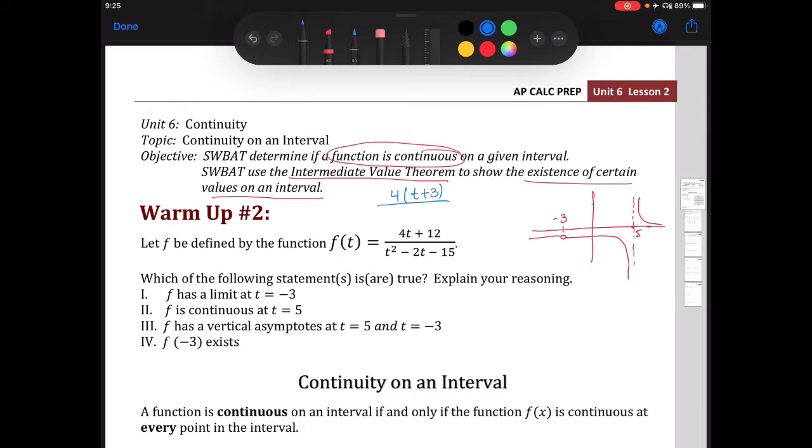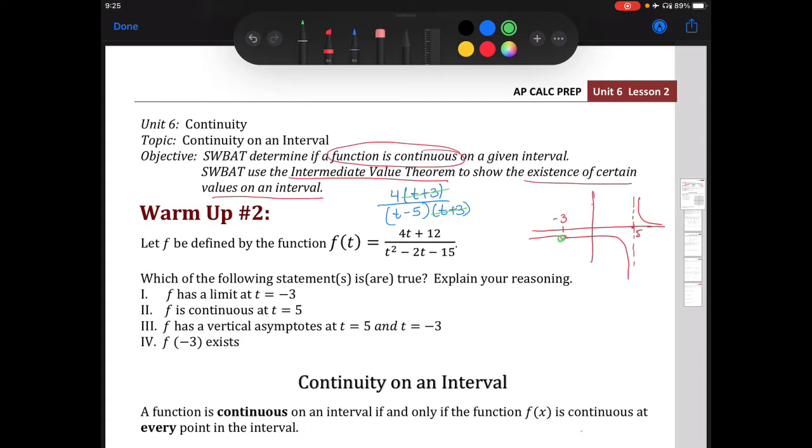In the denominator, I can factor it as t minus 5 and t plus 3. What happens to my t plus 3's? They cancel out, which means it's a removable discontinuity, right? And that's how I sketch my graph without the calculator. I knew at -3 I will have a hole, because I was able to remove the discontinuity, and at t equals 5, it's a vertical asymptote.